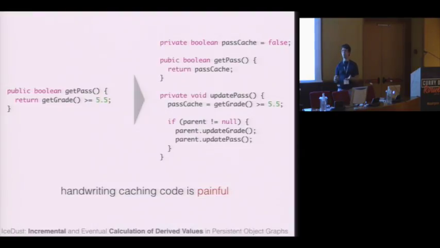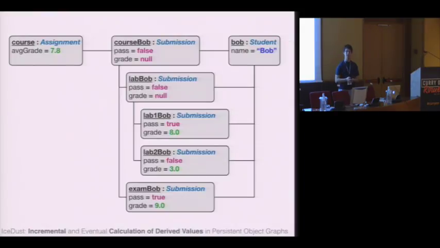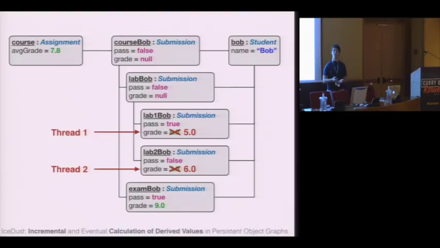But there's another problem with this solution. And that's in an information system, it's often the case that you get concurrent changes, because there's many people interacting with the information system. And if you get concurrent changes of base data, then the aggregated data can conflict. So if you have two concurrent threads trying to change the grades of Bob or of different students, then if they eagerly try to maintain the cache, they will both try to change the aggregated values.